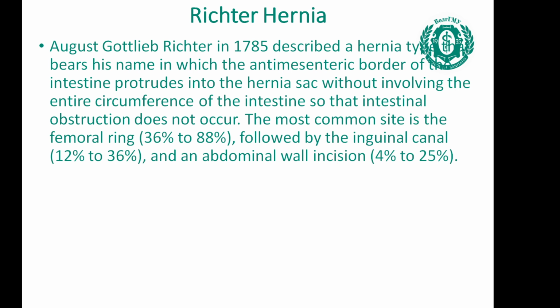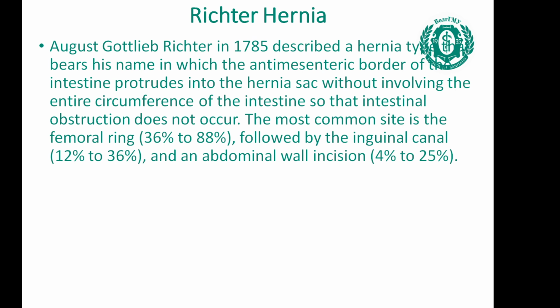August Gottlieb Richter in 1785 described a hernia type that bears his name, in which the antimesenteric border of the intestine protrudes into the hernia sac without involving the entire circumference of the intestine, so that intestinal obstruction doesn't occur.